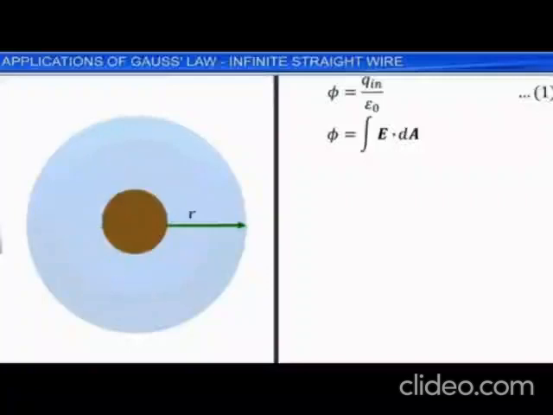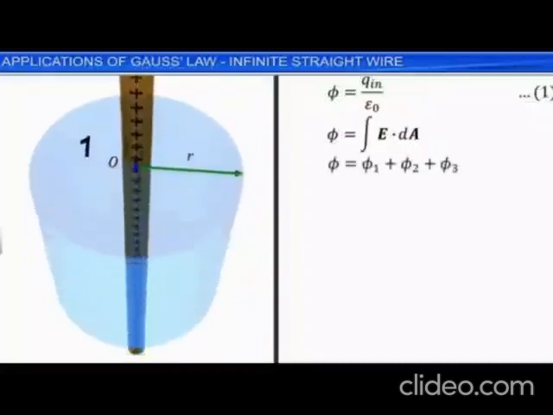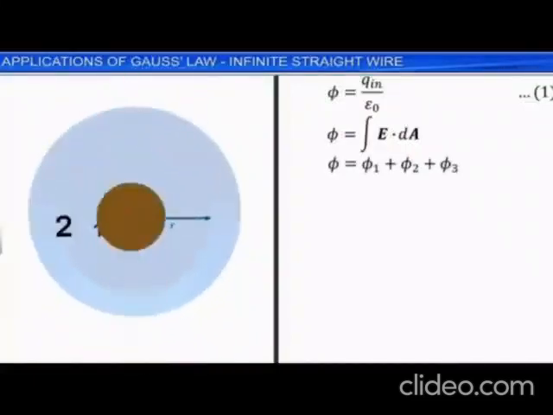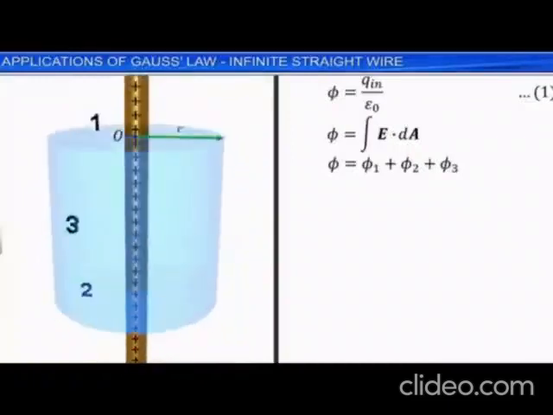If we calculate the net flux phi through the Gaussian surface, the net flux will be the sum of electric flux phi 1, phi 2 and phi 3 through the surfaces 1, 2 and 3 respectively as shown. Surfaces marked 1 and 2 are the circular surfaces of the Gaussian cylinder, and the surface marked 3 is the curved surface of the cylinder.